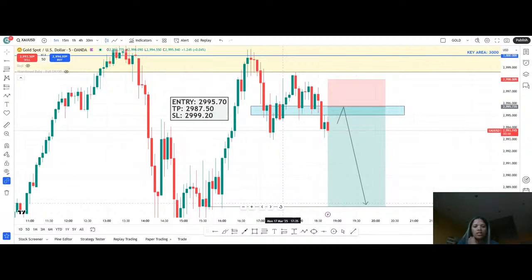It looks like it's starting to drop now. But then I'm waiting for that 15-minute candle structure to form. Then I will see. That will determine my entry.